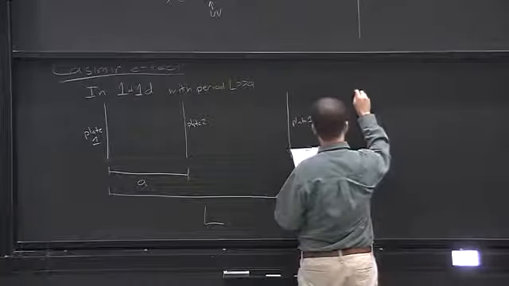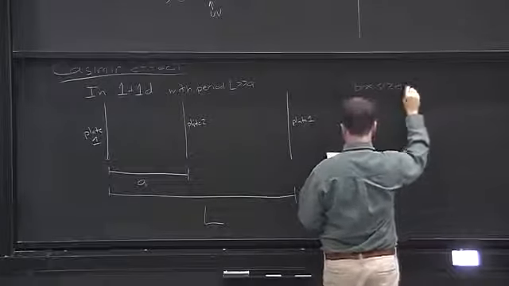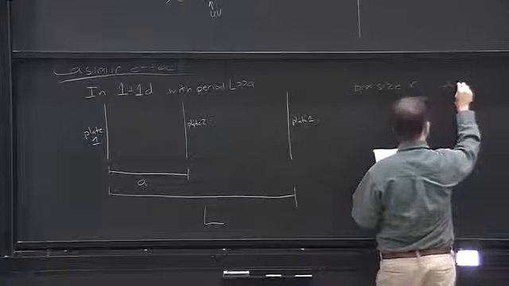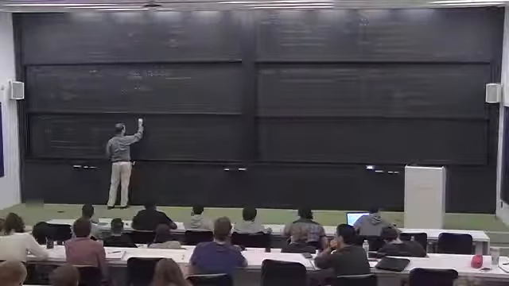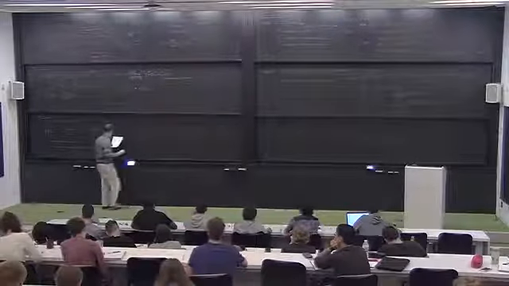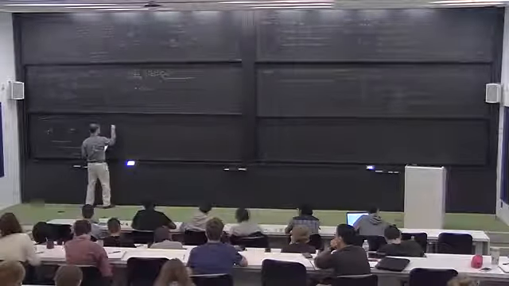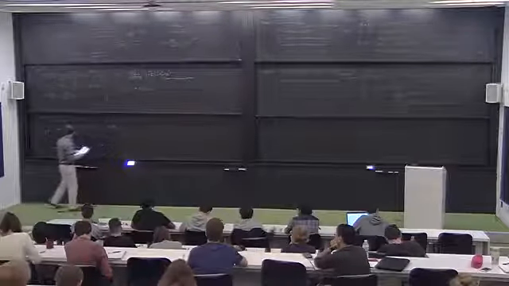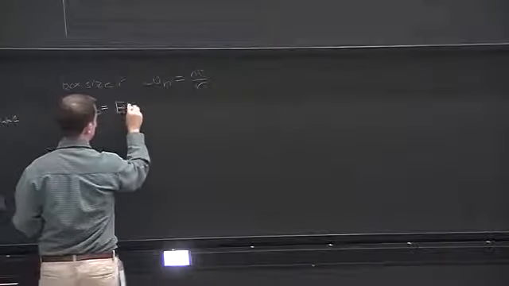So we have a box size of R, and the allowed frequencies omega n are n pi over R. And the ground state energy in this setup is going to come from 2 parts.